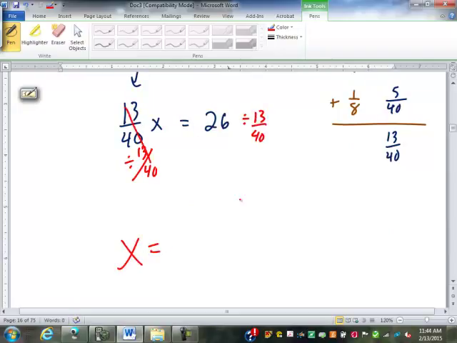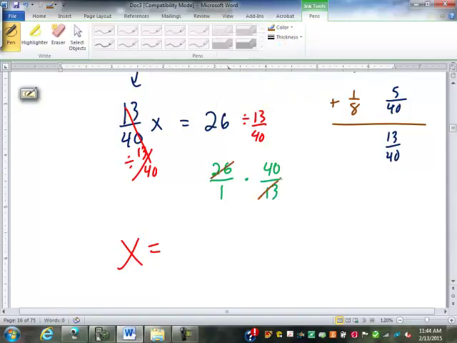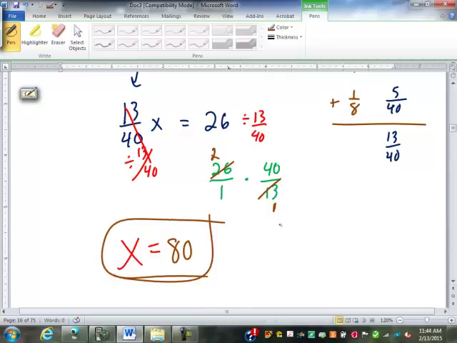So x equals 26 divided by 13/40. We'll make it 26 over 1 times 40 over 13. 26 and 13 cross cancel to give me 1 and 2. So 2 times 40 is 80. 1 times 1 is 1, of course, so that's just 80. So x equals 80.